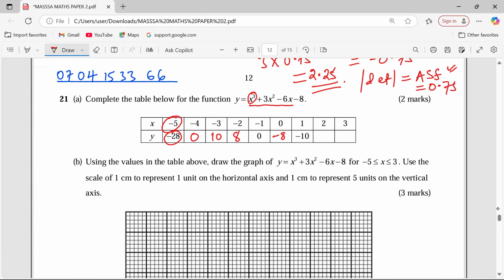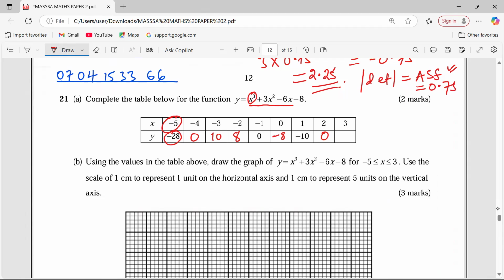Then from there, we can check now positive 2 because positive 1 is already given. So it starts with 2 power 3 plus 3 into 2 squared minus 6 into 2 minus 8. This is going to be exactly 0.